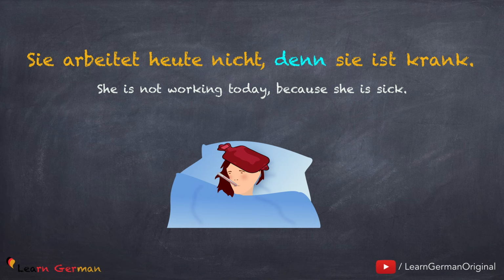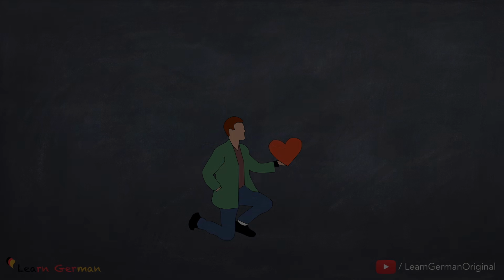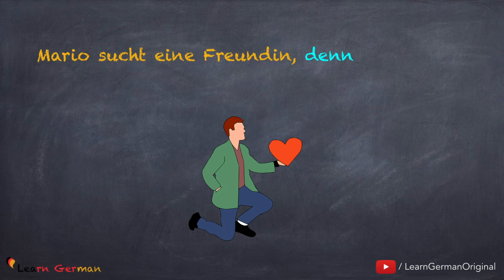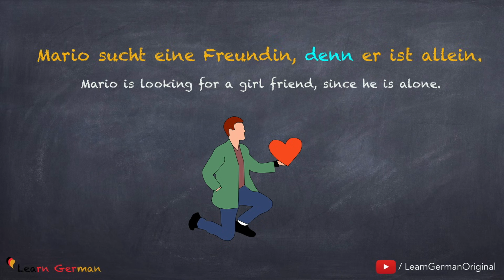Well, in the case of denn, even though the subjects in both the sentences are the same, we will not remove them in the second sentence. This is because the second sentence is giving us a reason. Here's another example. Mario sucht eine Freundin, denn ist allein.